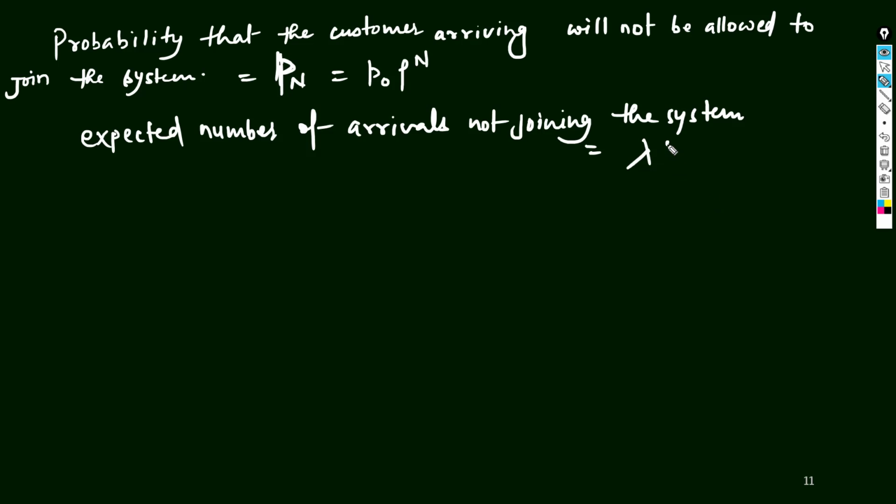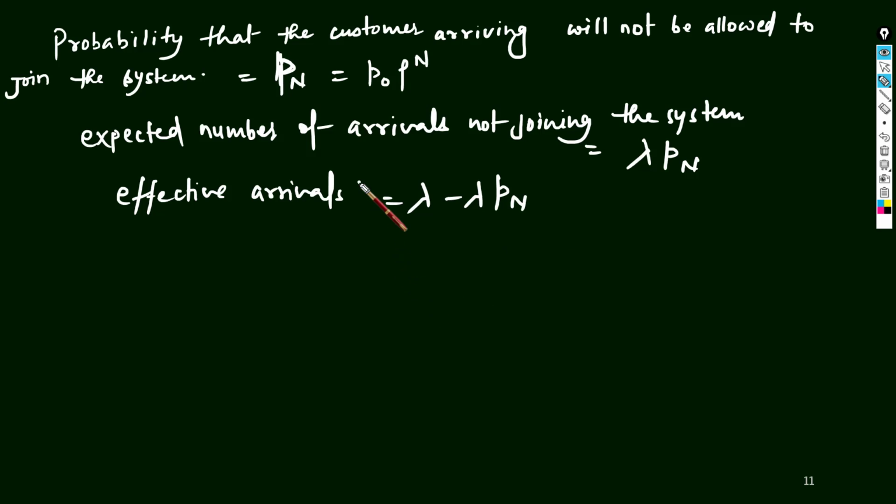So that is lambda into Pn. Clear? So can we calculate the effective number of arrivals? So that will be less. So effective arrival is equal to lambda minus lambda Pn, and we denote it as lambda effective. So this will be used for further calculations. Okay, so this lambda effective is required.